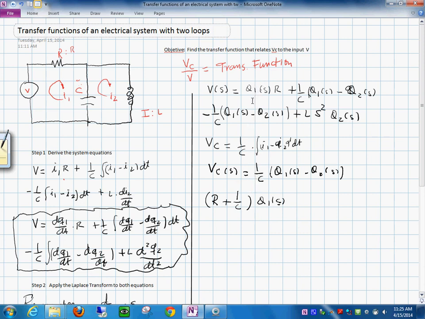We are not Q base, but S over here, we're missing an S in there. So this is S times R plus 1 over C times Q1.